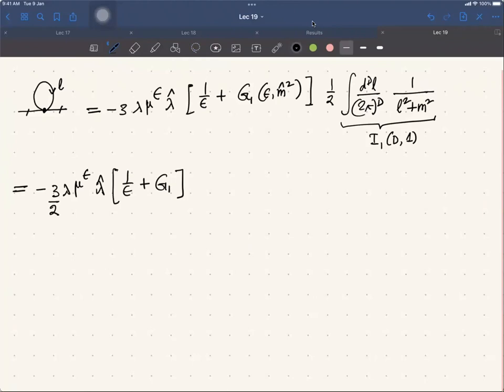I1 with d comma 1 is given by m squared to the power d by 2 minus 1, divided by 4 pi to the power d by 2, times gamma of 1 minus d by 2, divided by gamma of 1.